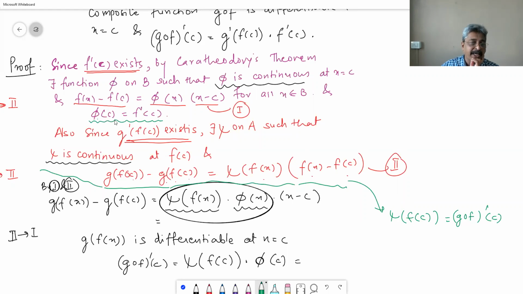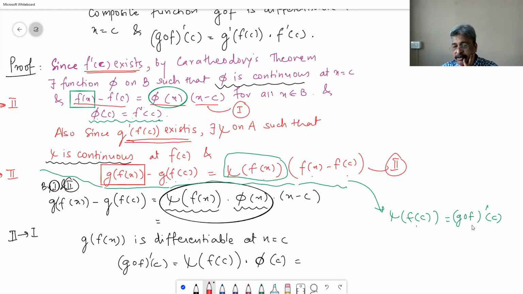The way phi of c is equal to f dash of c, that means if you substitute c in this function, you get the derivative of this function at c, right? So similarly, if you substitute c in this function, that is what I am doing, you get the derivative of this function.